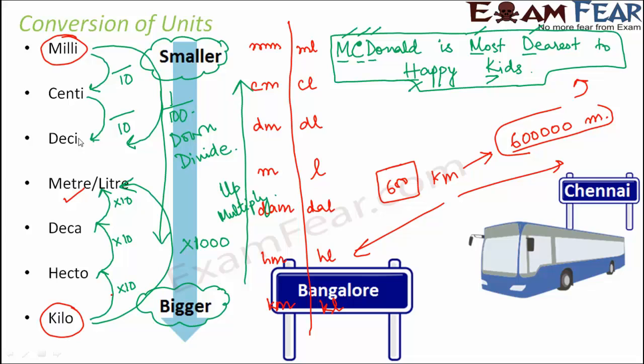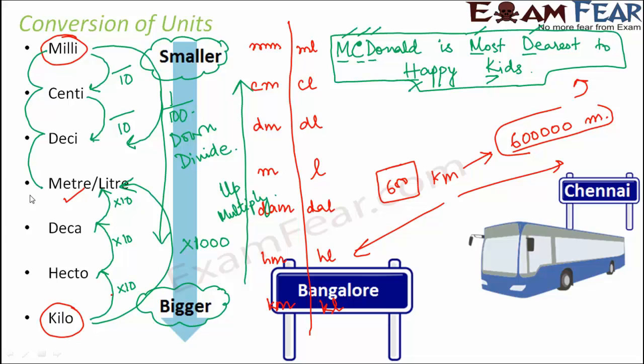Divide by 10, 100, 1000, so the number of zeros will depend on how many jumps you need to make. If you are jumping from milli to meter, how many jumps? 1, 2, 3 jumps. So you will divide by 1000 because you are coming down.